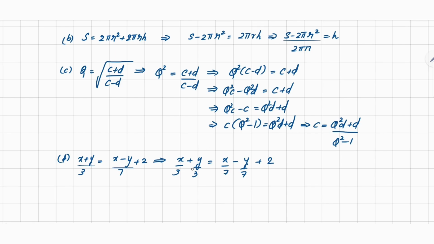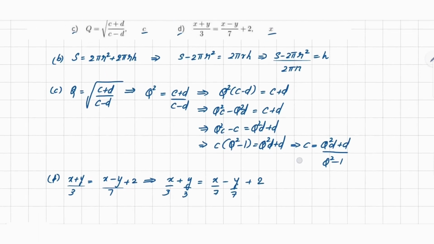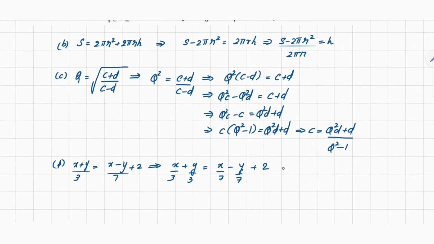I will take the x terms to one side, as a subject of the equation has to be x. And that gives me x over 3 minus x over 7 equals minus y over 3 minus y over 7 plus 2.